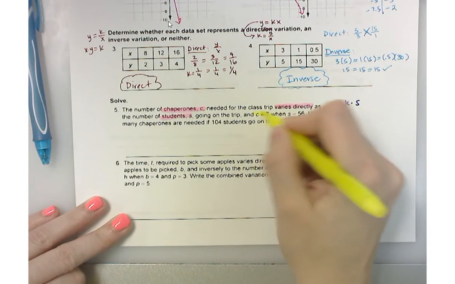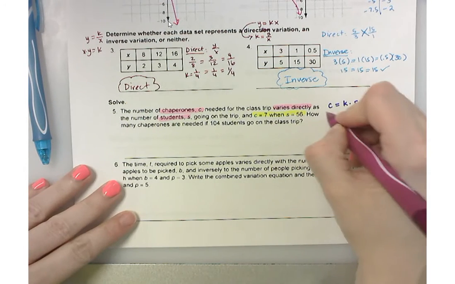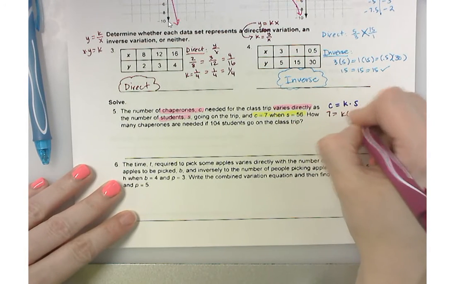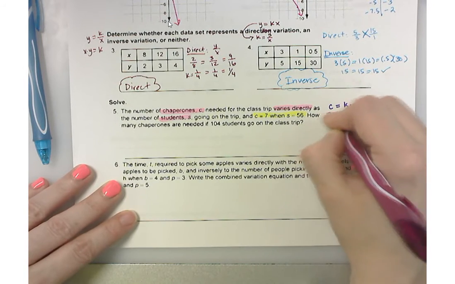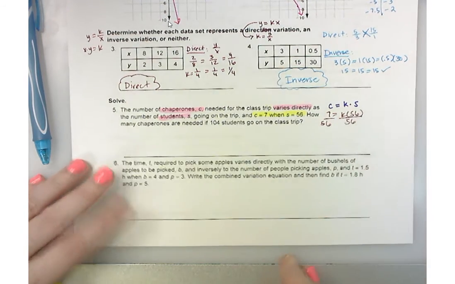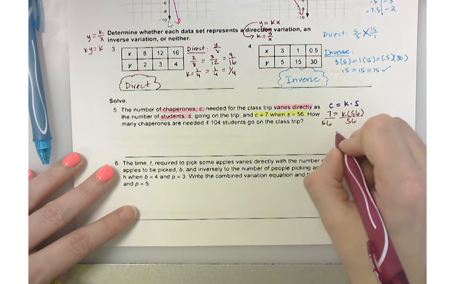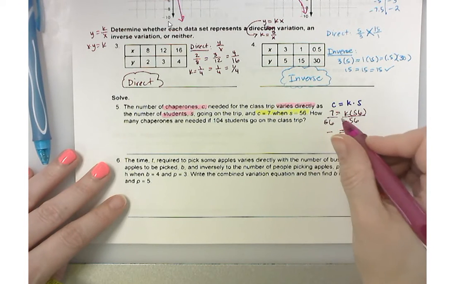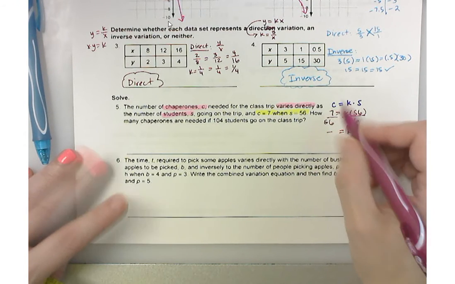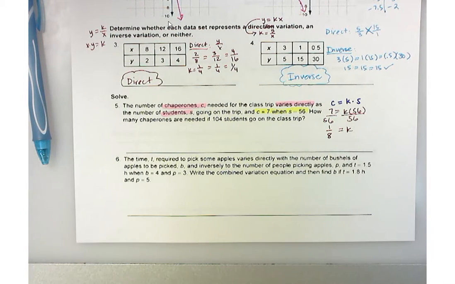So this is where you do want to set that up to make sure that you are getting, what's 7 over 56? How many times is 7 going to 56? 8 times, so it's 1/8. You're dividing by 56, don't accidentally put 8. And then when you're setting up your equation, you would have C equals 1/8 S. Okay?